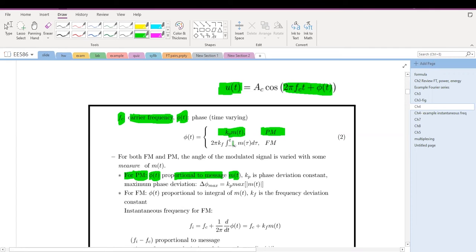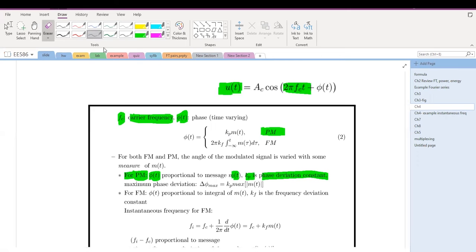Kp is positive, and is the phase deviation constant. Because of this term, the maximum phase deviation, delta phi max, equals Kp multiplied by the maximum value of the absolute value of m(t). So this gives the maximum phase deviation.